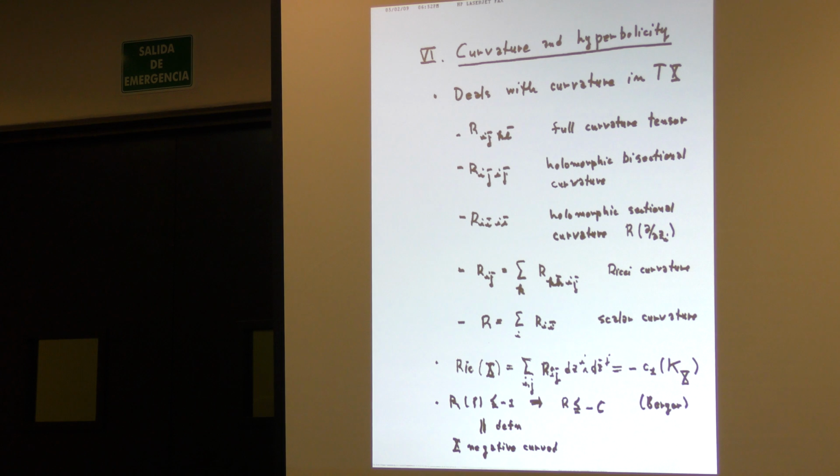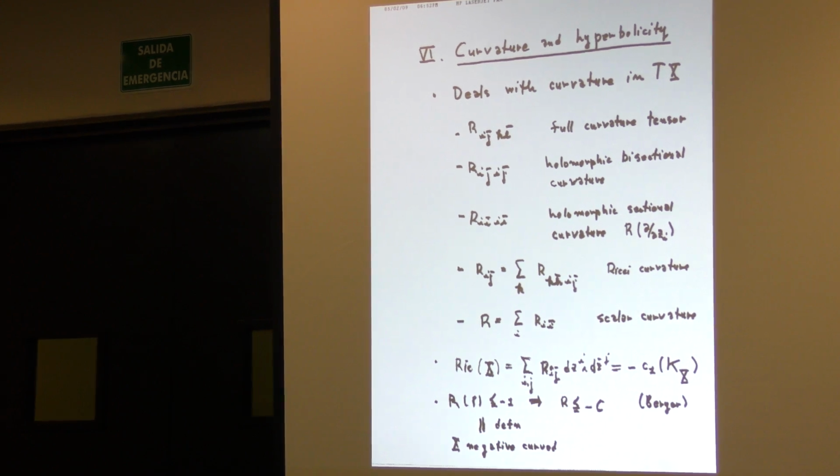of the canonical bundle. Unlike in the Riemannian case, where the Ricci curvature is the average of the sectional curvatures, this is no longer the case in the complex case.